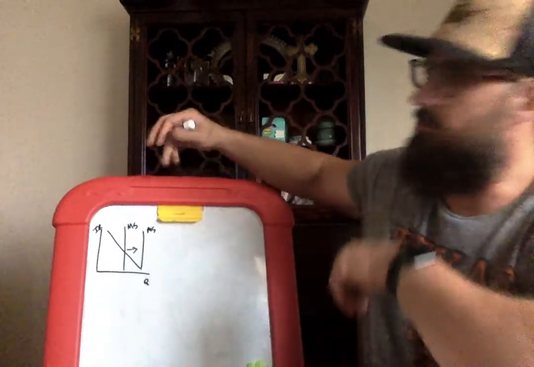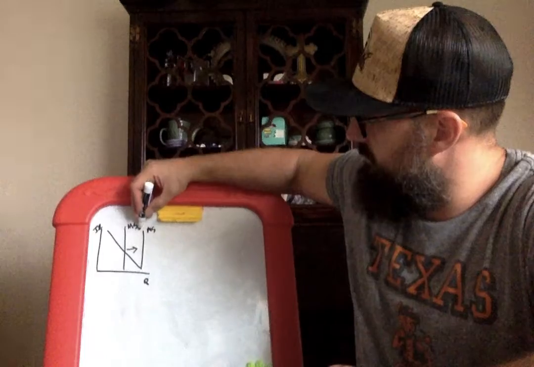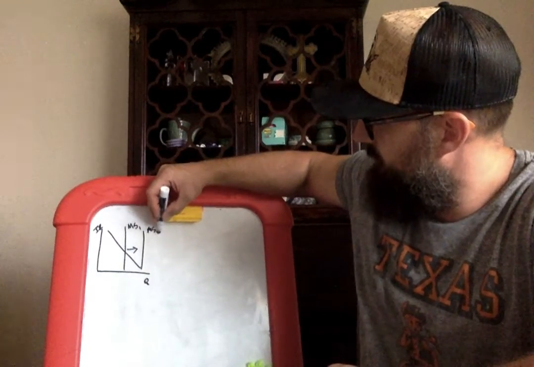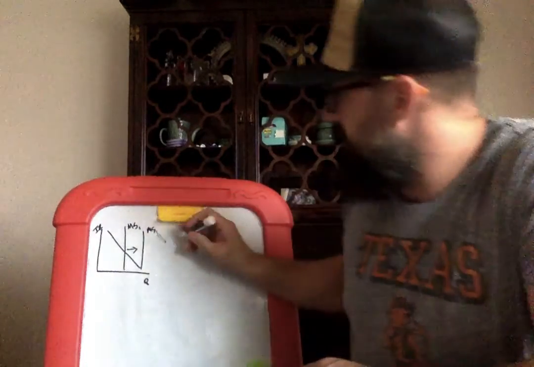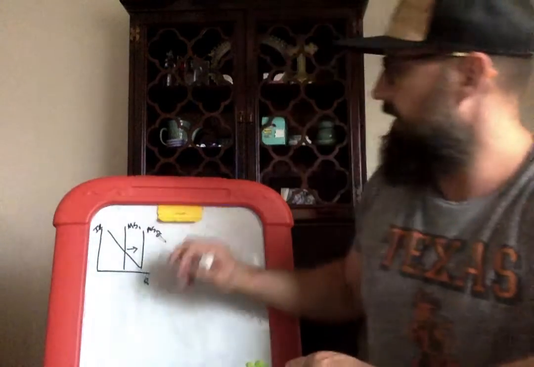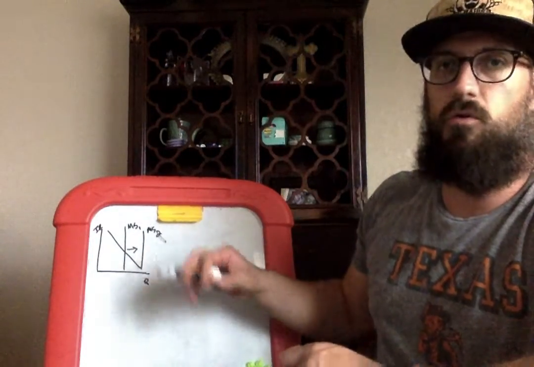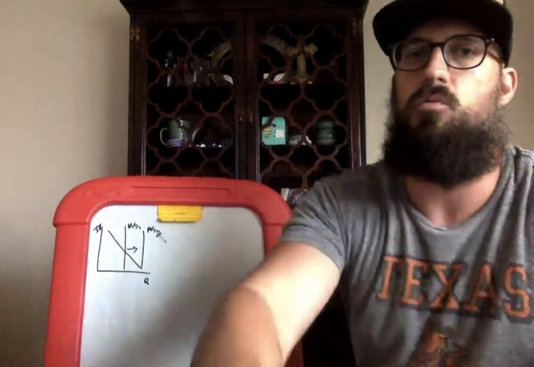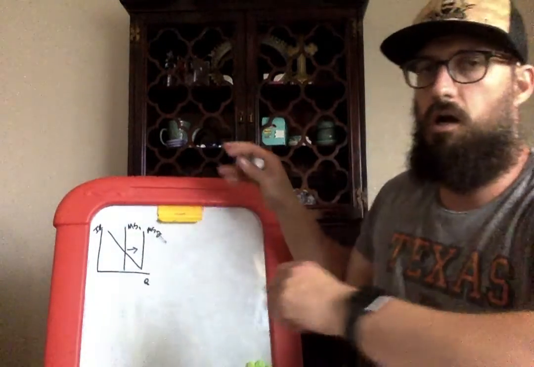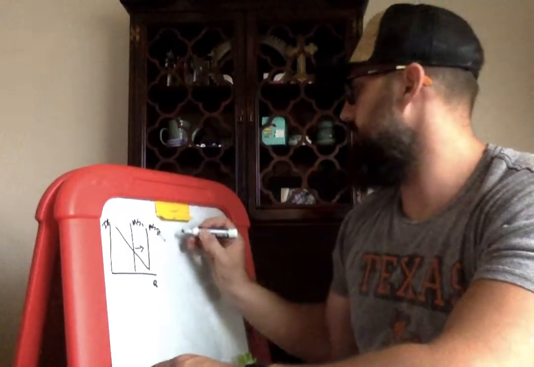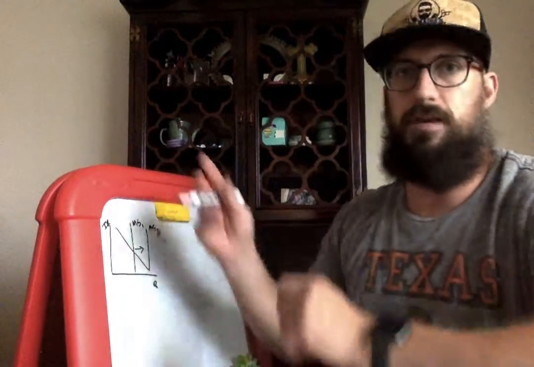So what's happened to interest rates if they've increased the money supply curve? Well, interest rates have fallen. And if interest rates fall, what's going to happen to investment? Well, investment goes up.